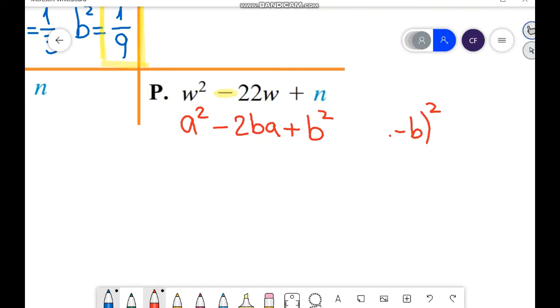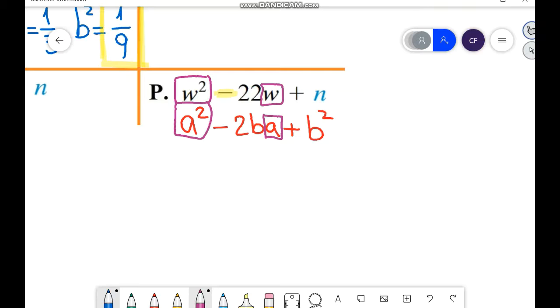We just need to compare this perfect square trinomial with the expression that we have here. So w squared equals a squared. w is going to equal a. That means negative 2b equals negative 22. Divide both sides by negative 2.